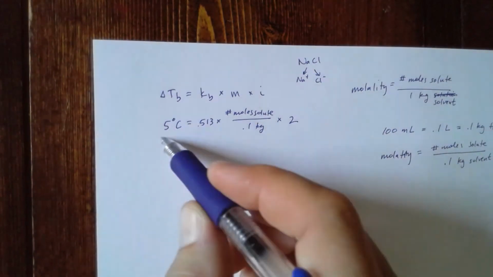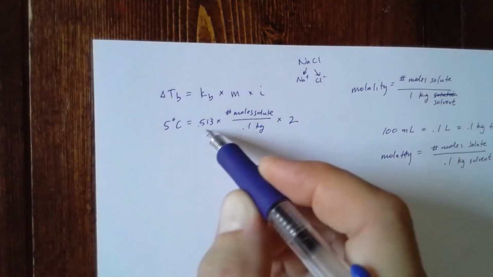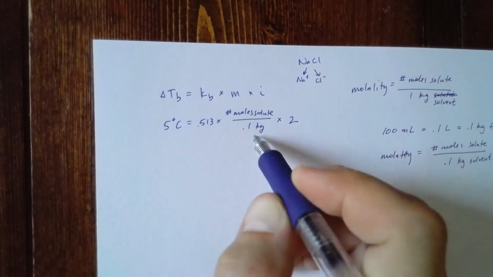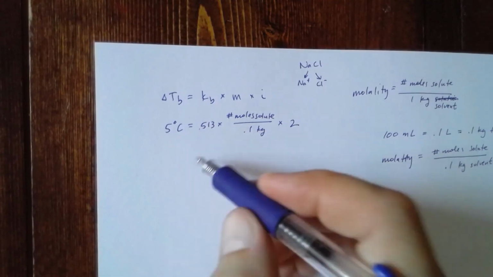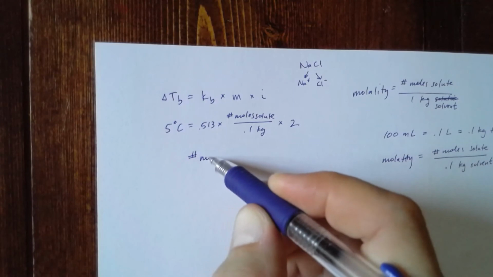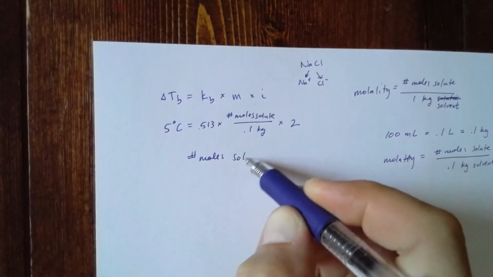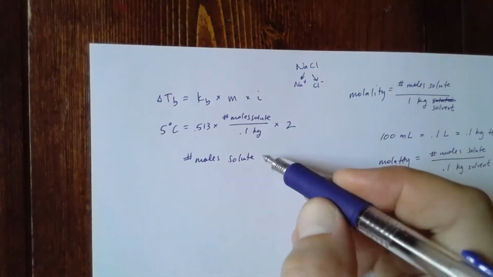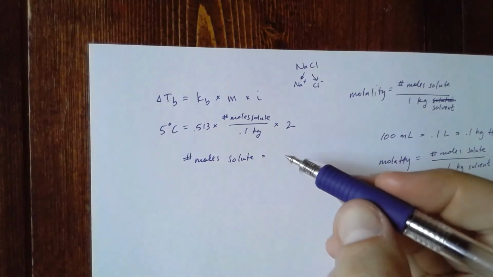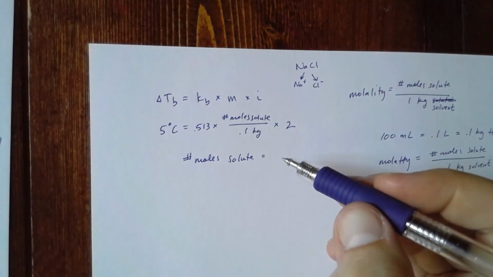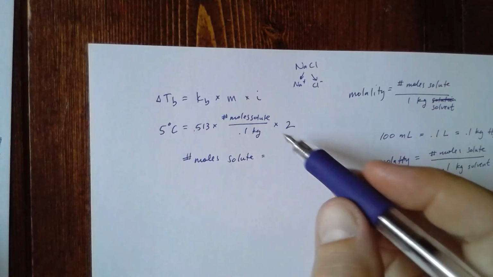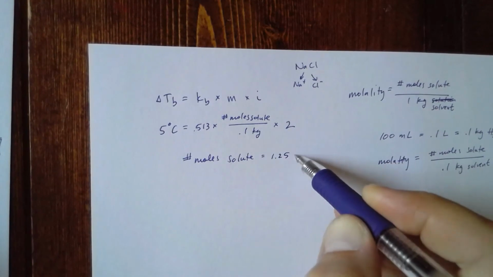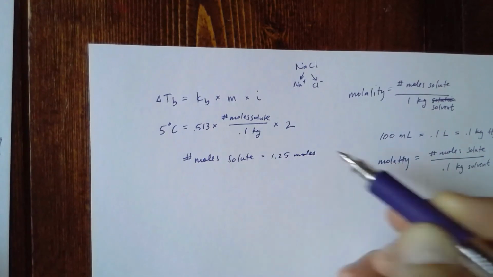So we'll have 5 divided by this 0.513 times 0.1 divided by 2. So our number of moles of solute is then going to be equal to what? What is that number that we've got here? That's going to be 1.25 moles.